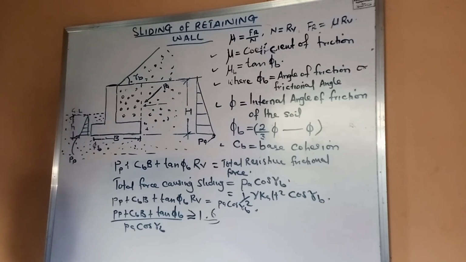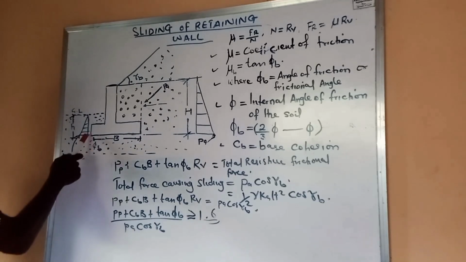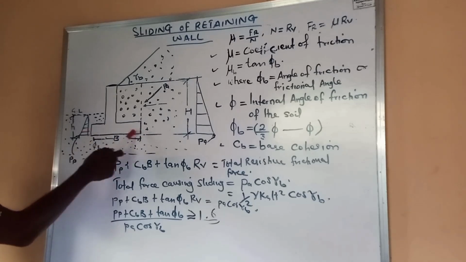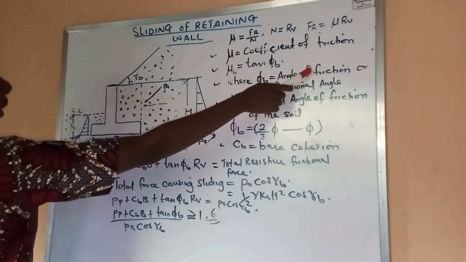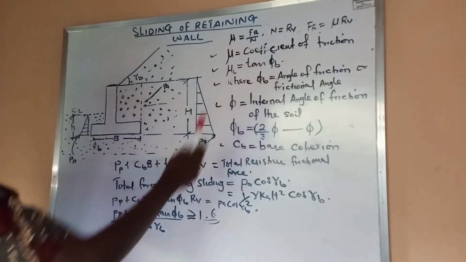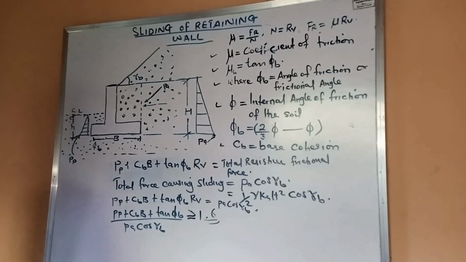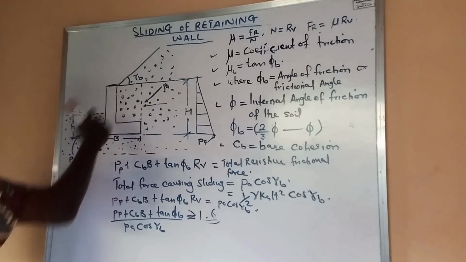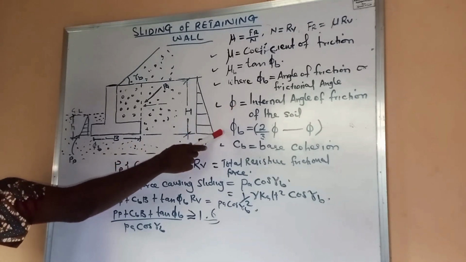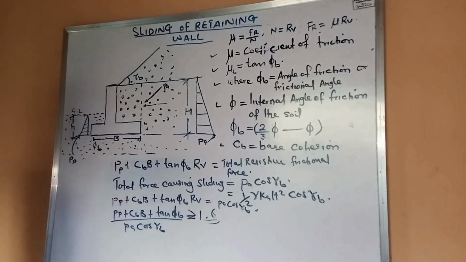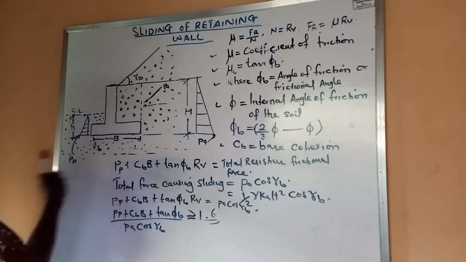All right. Now, the angle of friction between the concrete retaining wall base and the soil underneath, let's call it phi b, which is the angle of friction or frictional angle. Now, the internal angle of friction of the backfill soil, we'll call it phi. There's a relationship between the internal angle of friction and the frictional angle at the base.